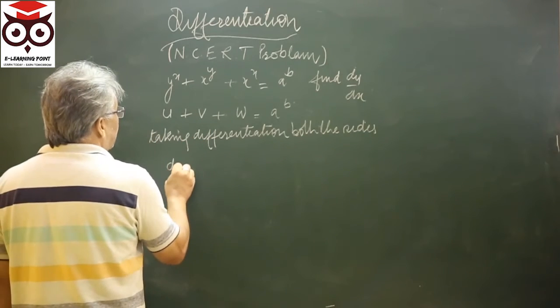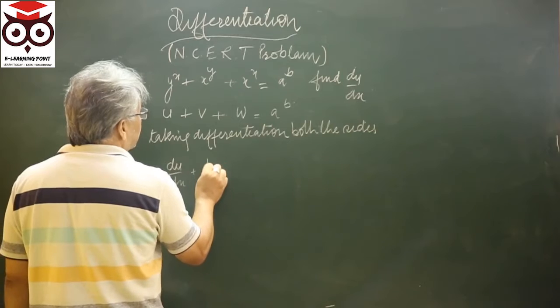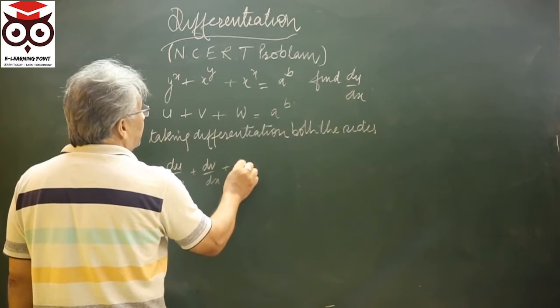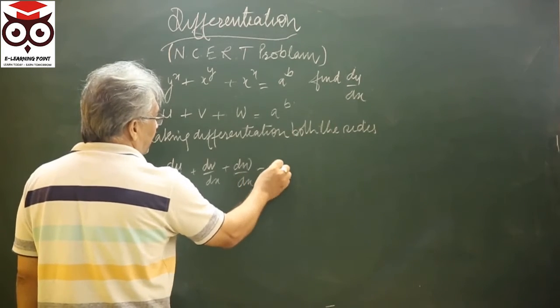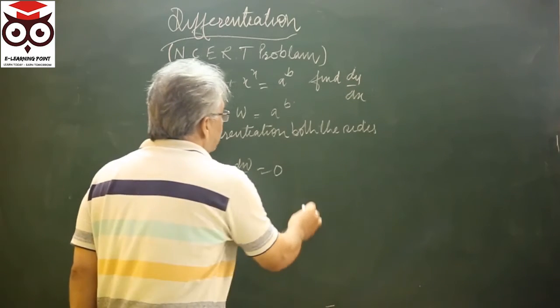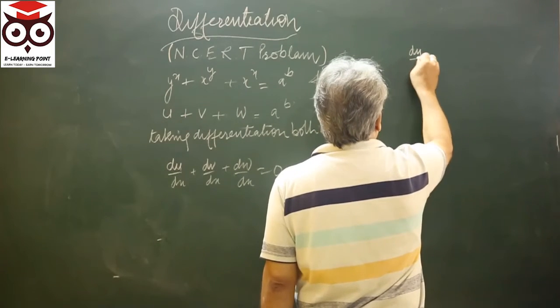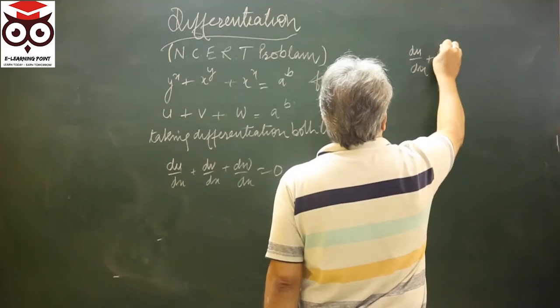So ये क्या हो जाएगा आपका du by dx plus dv by dx plus dw by dx, and this is equal to 0. So this is your equation number first, and so I write down here because in last I will put its value.